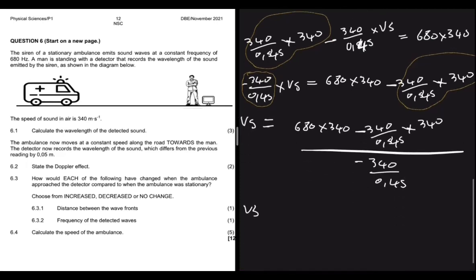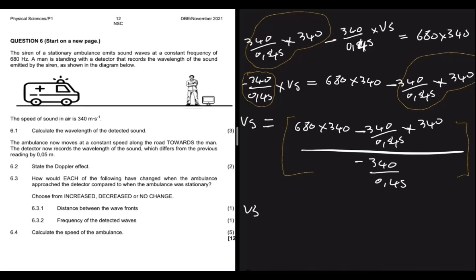And now I can put this entire expression in the calculator and determine Vs. The reason I don't want to press the calculator before I get to the answer is because I'm avoiding making mistakes, right? I would rather put things in the calculator once and get the answer rather than put things in the calculator many times and risk making a mistake.